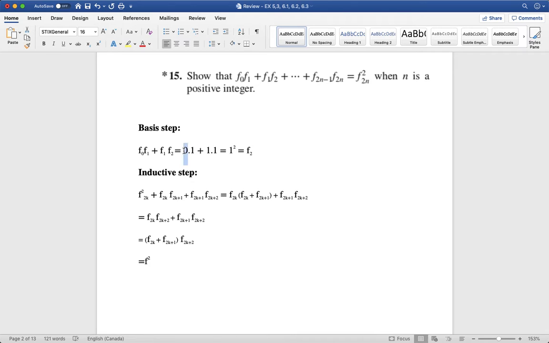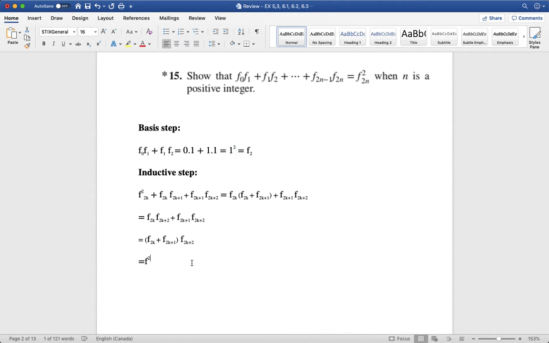So we started with the very basic step, taking the smallest element in the domain. We proved that the basis step is true. We moved towards the inductive hypothesis step, in which we assumed that this statement is true. And then we proved that it is also true for n plus 1.